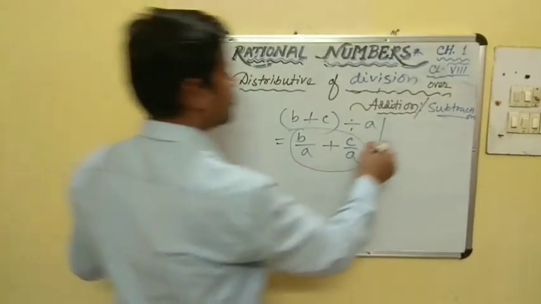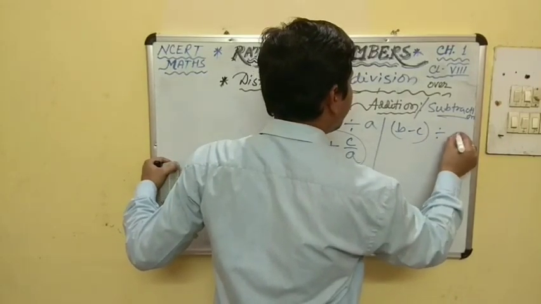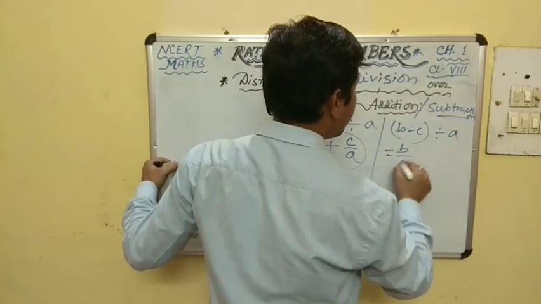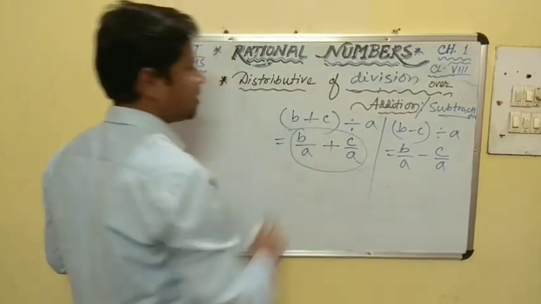In case of subtraction also, that is B minus C divided by A, it will be B by A minus C by A. Only the symbol minus and plus differ.